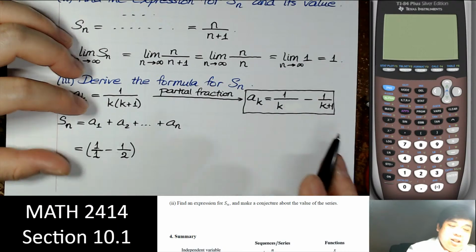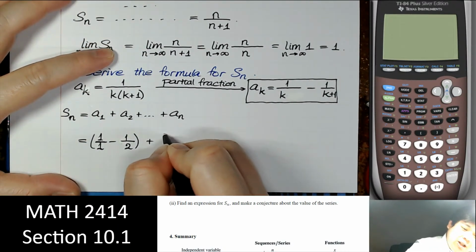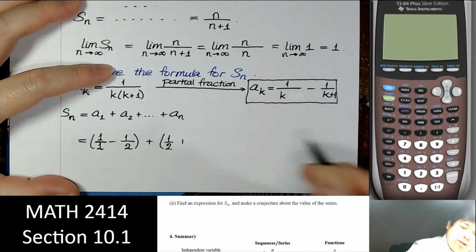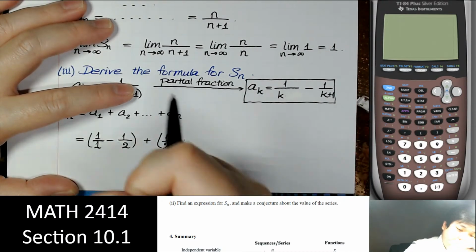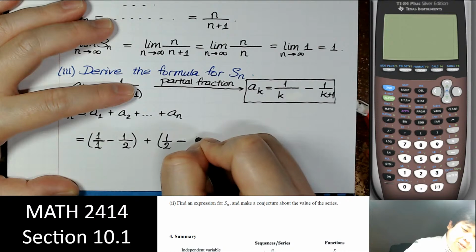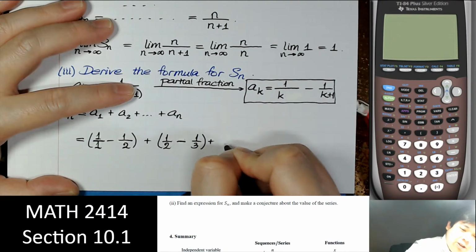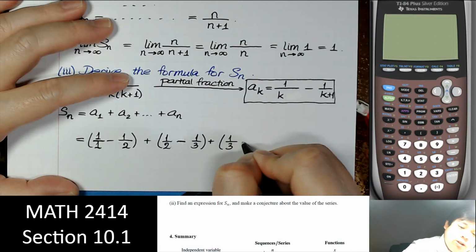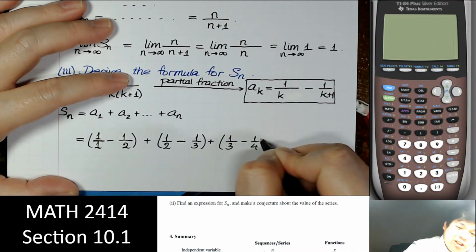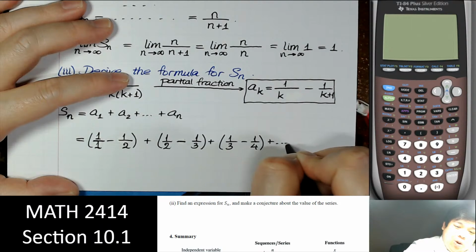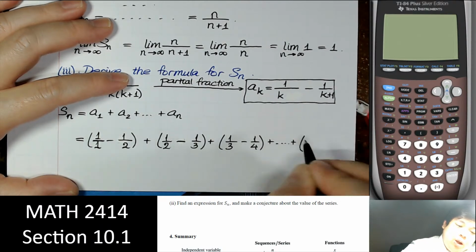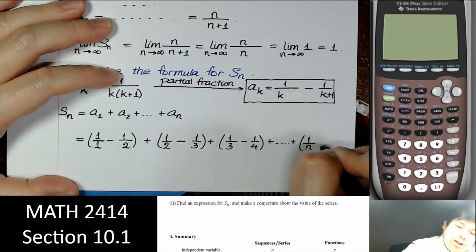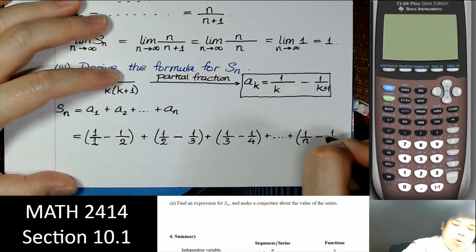So the first term is 1 over 1 minus 1 over 2. The next one, put 2 in for k: 1/2 minus 1/3. Then put 3 in for k: 1/3 minus 1/4. And all the way to putting n in for k: 1 over n minus 1 over n plus 1.